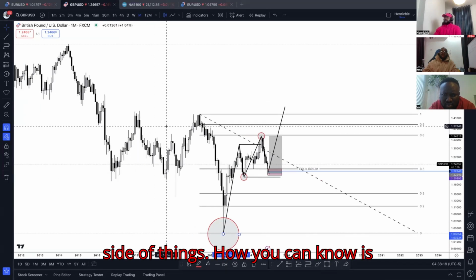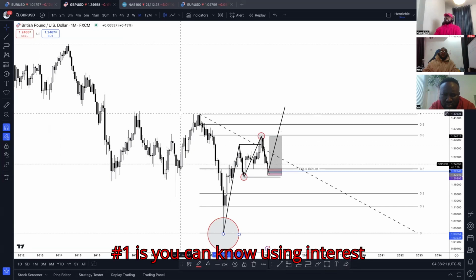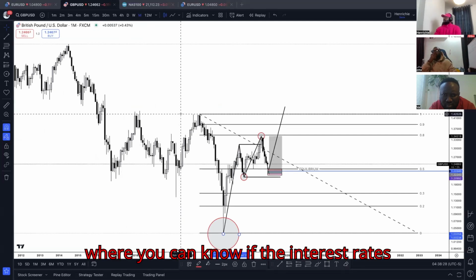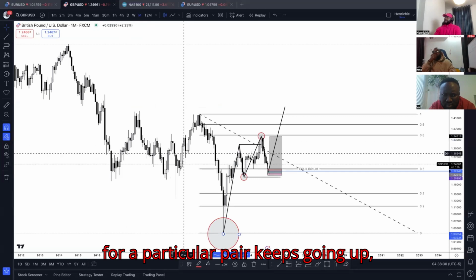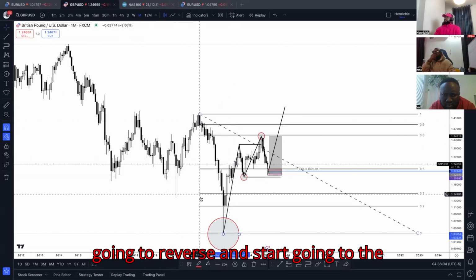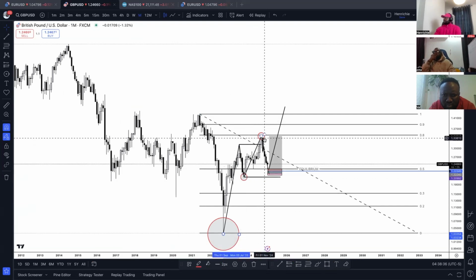Number one, you can know using interest rates. If the interest rates for a particular pair keep going up, there's a very high chance that pair is going to reverse and start going to the upside.